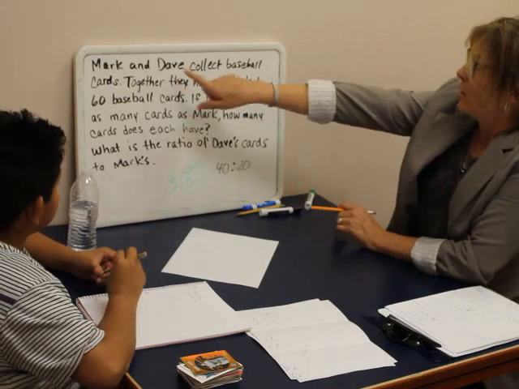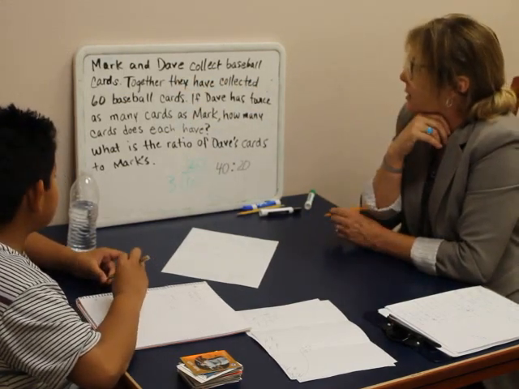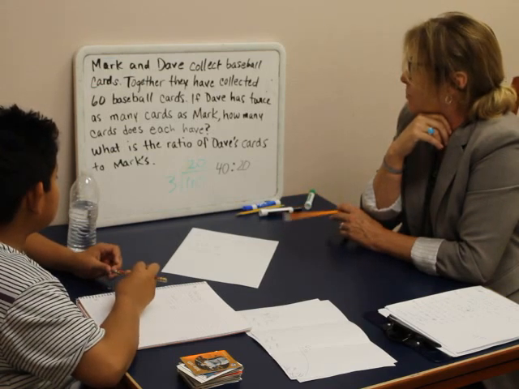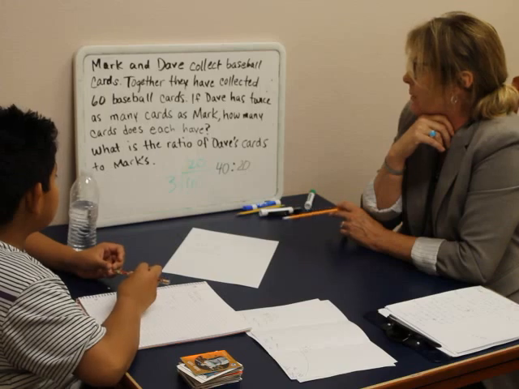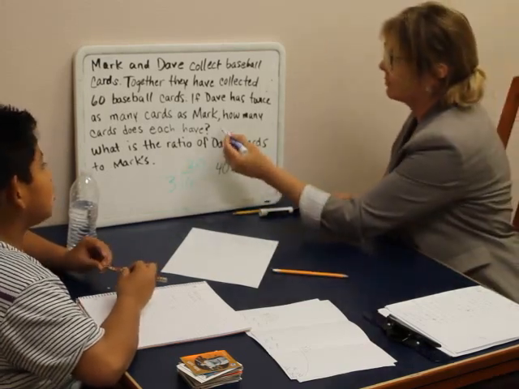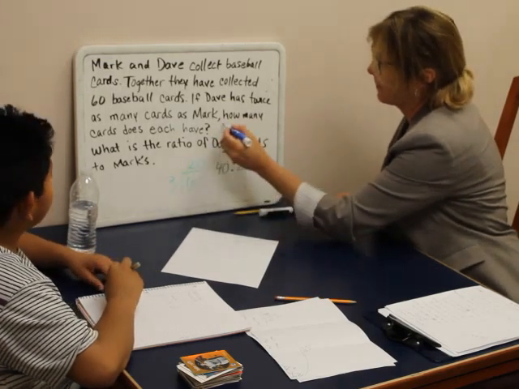So if we read our problem again: Mark and Dave collect baseball cards together. They have collected 60 baseball cards. If Dave has twice the amount of cards as Mark, how many cards does each have? Our answer was, Dave has how many? 40?